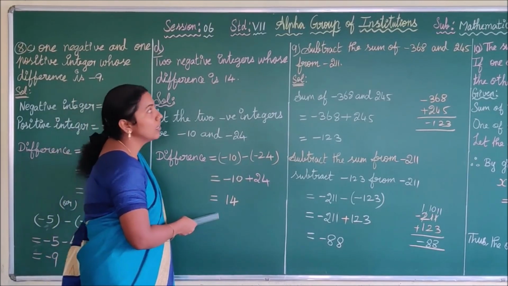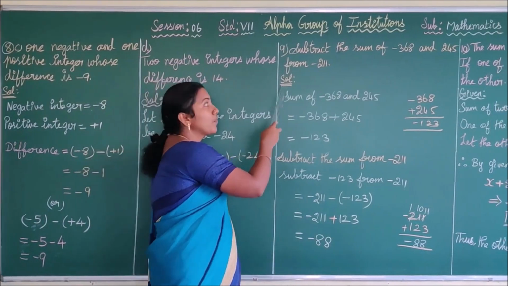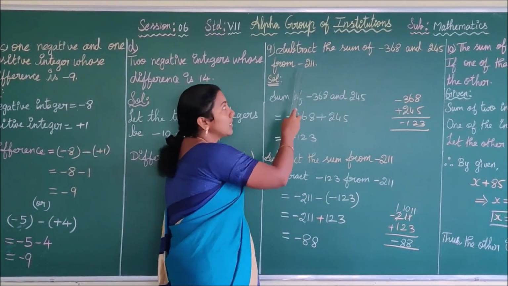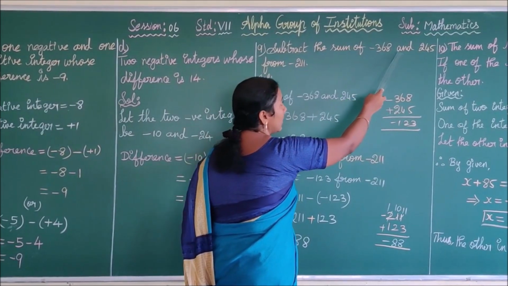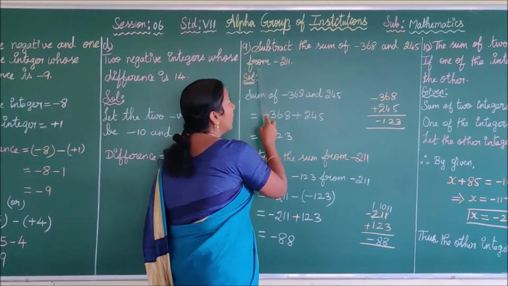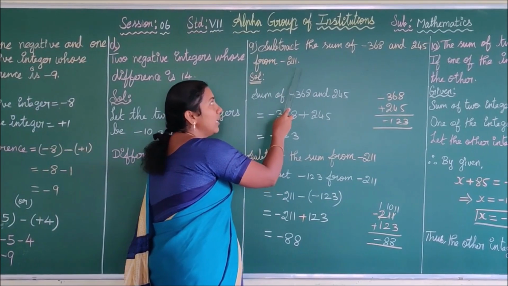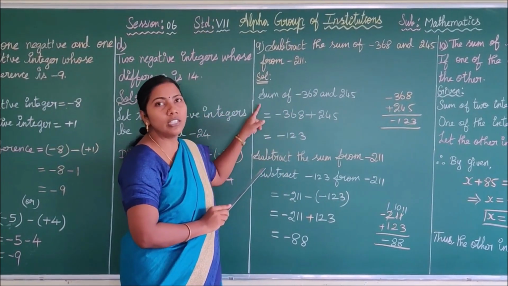It's clear, children? See the next one, 9th sum. Very important sum, children. Subtract the sum of minus 368 and 245 from minus 211. Okay, listen to the question carefully, children.